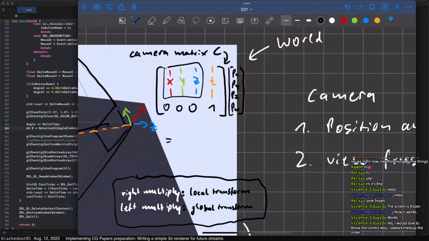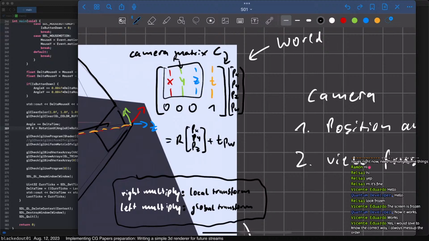But if you wanted to get an idea what is exactly happening here, you could write the matrix multiplication out, and then you could see what is exactly happening. If this is, for example, the rotational part, then what is happening here is we multiply the rotational part with the point and add the t vector times the w component.